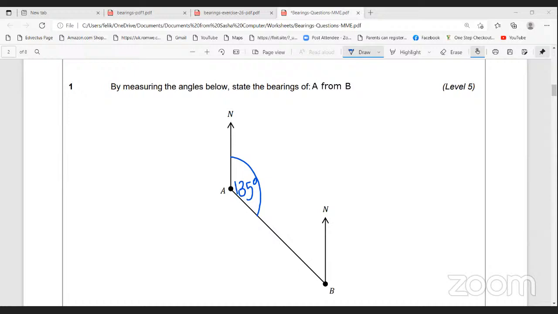By measuring the angle below, state the bearing of A from B. Oh no, let me take out the measuring part. We don't need any measuring, so we take all of that out. Go with the next part of the question now. State the bearing of A from B.